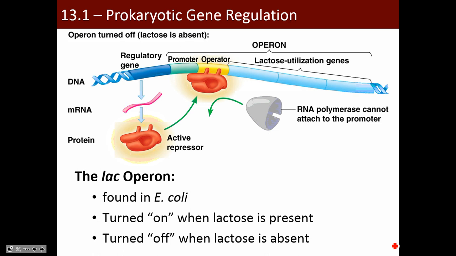So our normal default state is for this repressor protein to be attached to the operator and blocking the promoter so RNA polymerase can't bind. That's the default state in E. coli in our intestines.